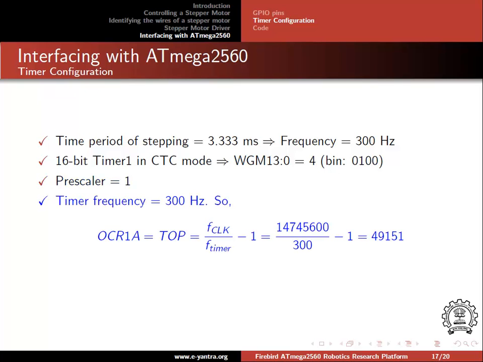Since the required frequency is 300 Hz, we set the top value to 49,151 as calculated by the formula. The timer's OCR1A register value is used as a top value in CTC mode. Finally, we enable the compare match interrupt to step the motor in the interrupt service routine every time a compare match occurs.